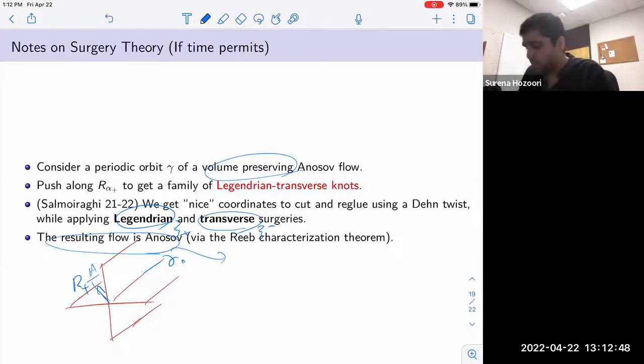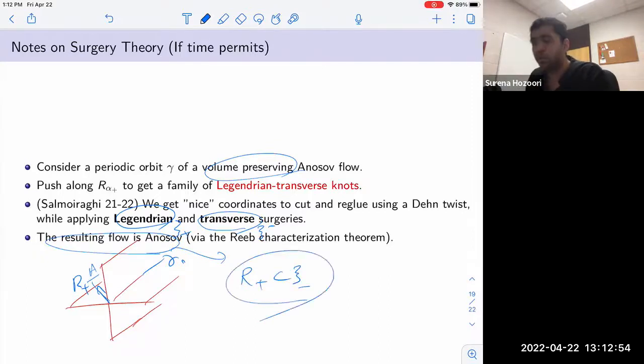But the nice thing here is that if you just show that R plus is included in C minus, that's enough to show that the flow is Anosov, because I showed that if R plus is in quadrant 2 or 4 of the picture, the flow is Anosov.